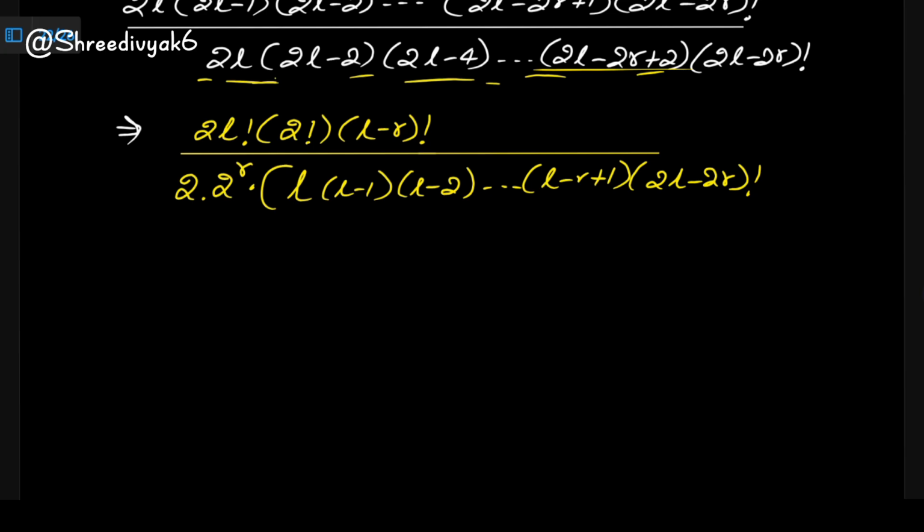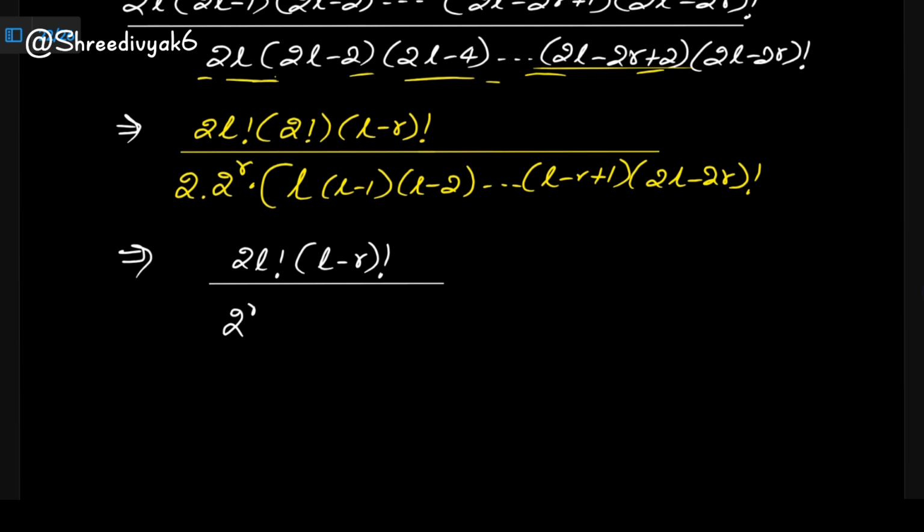Now on simplifying, I can write the whole thing as 2l factorial divided by l minus r factorial, divided by 2 raised to r into l factorial into 2l minus 2r factorial.